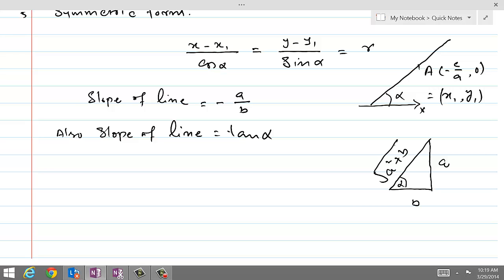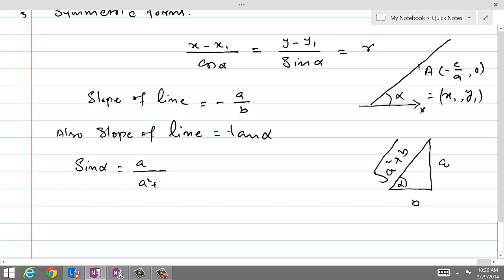So from here, sin alpha and cos alpha can be calculated. Sin alpha is equal to a over the square root of a square plus b square.